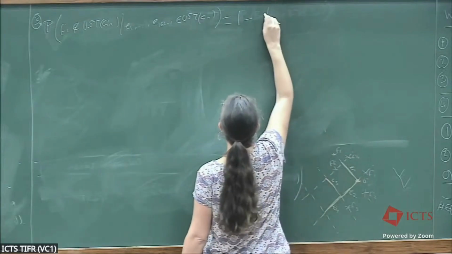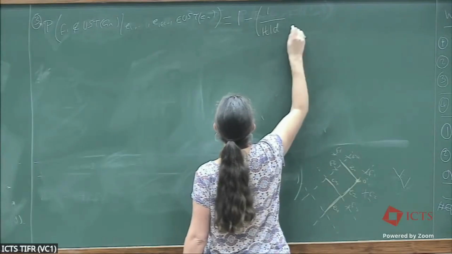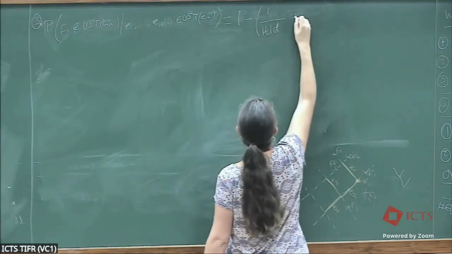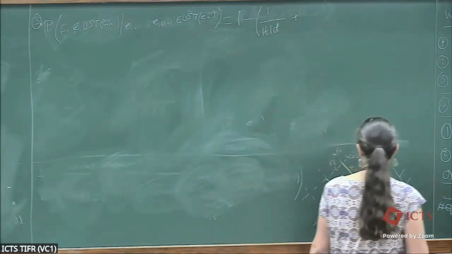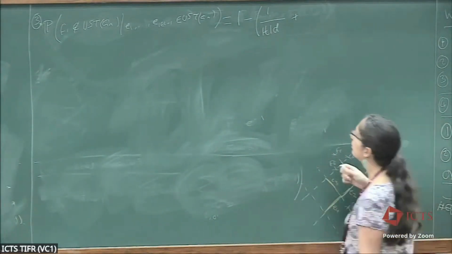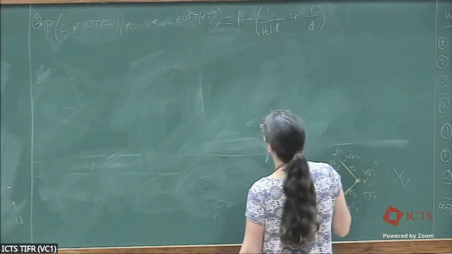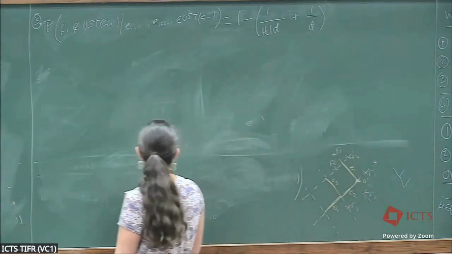So we have 1 over t times d plus the other vertex, which in general will just be a new vertex in the graph, so it's 1 over d. Now what about F2?